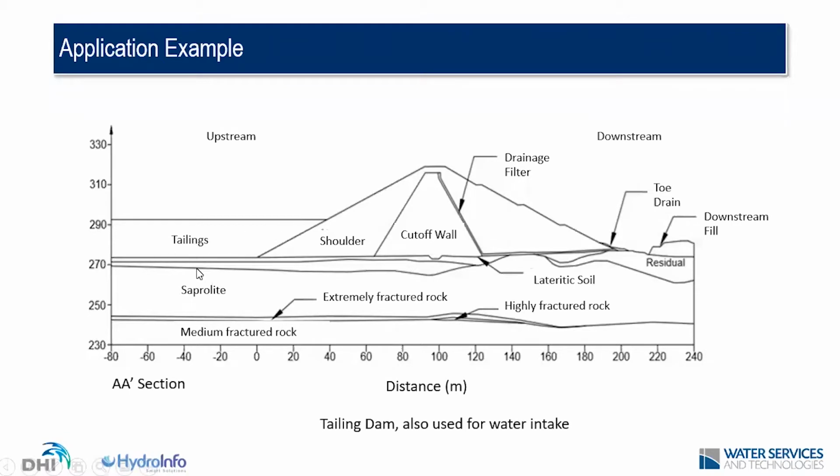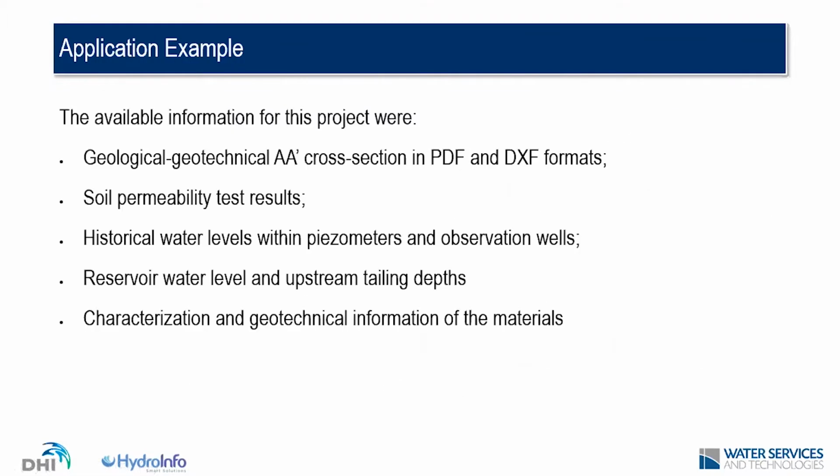The tailings is here. It's sitting on different types of soil, saprolite, lateritic, residual, and then it sits on a rock that can be very fractured and not so much fractured on these different layers. In order to model this system, we got the geological and geotechnical cross-section, both in PDF and DXF formats.